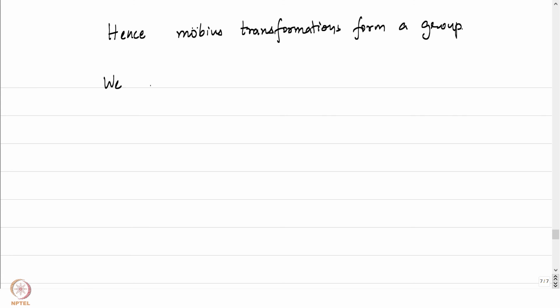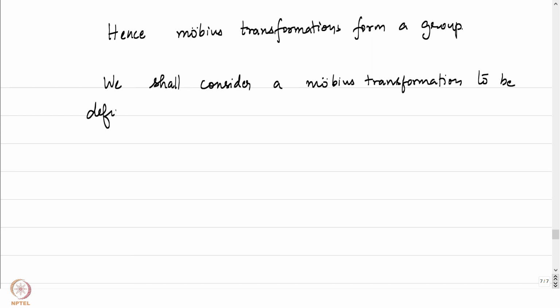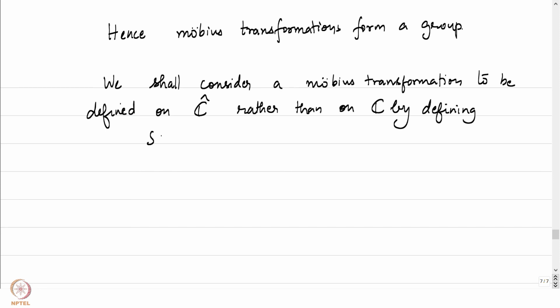We shall consider a Mobius transformation to be defined on C hat rather than on C by defining, we were having one point left out, right?